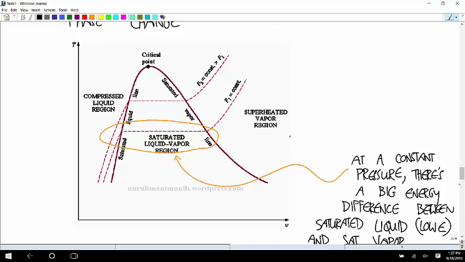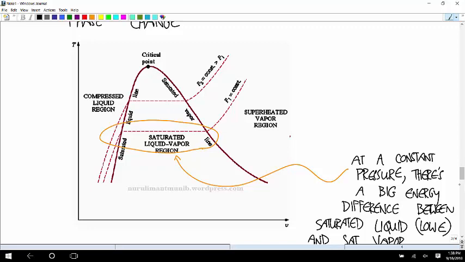We add a ton more heat, and the temperature stays constant through that whole process. Okay. So at this point, it's 70 degrees for this hypothetical material, and at this point, it's 70 degrees. But there's a gigantic difference in internal energy between this and this. Okay, so that's the idea of it.